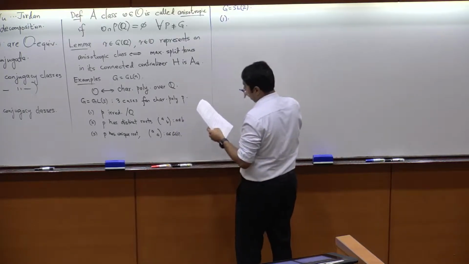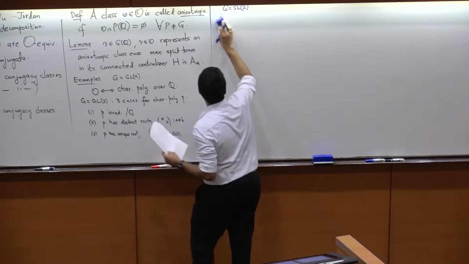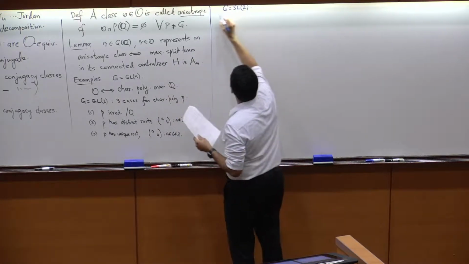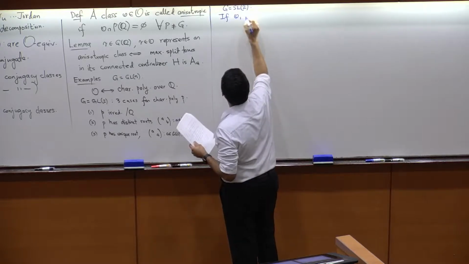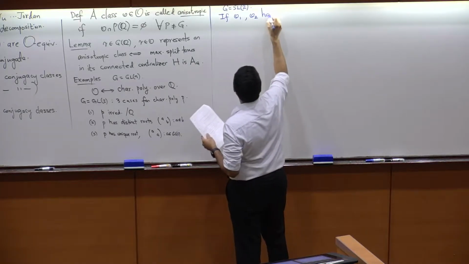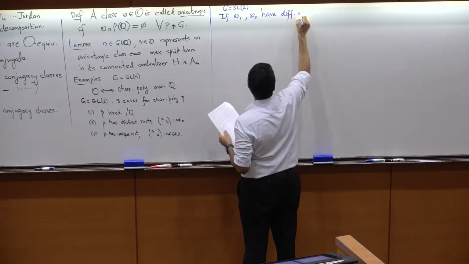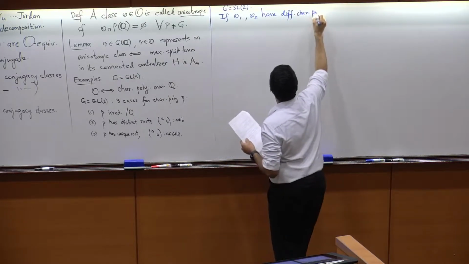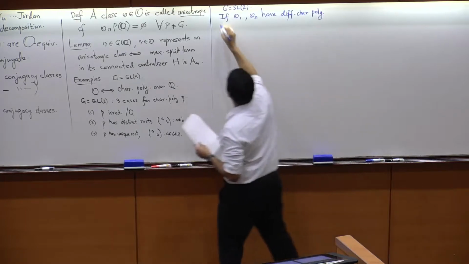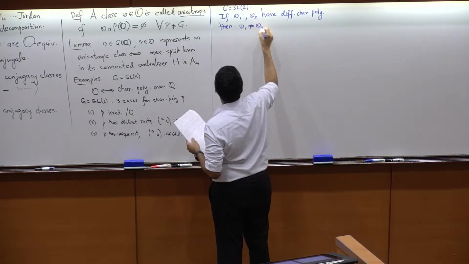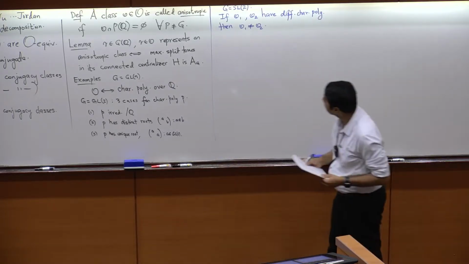So first, if O1 and O2 have different characteristic polynomials, then clearly they are not in the same conjugacy class.